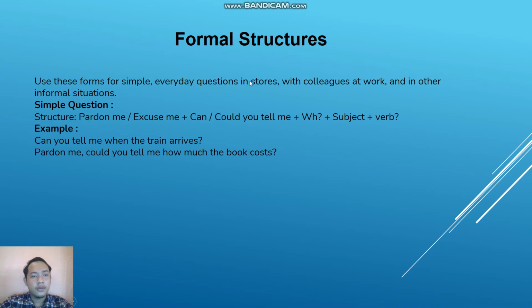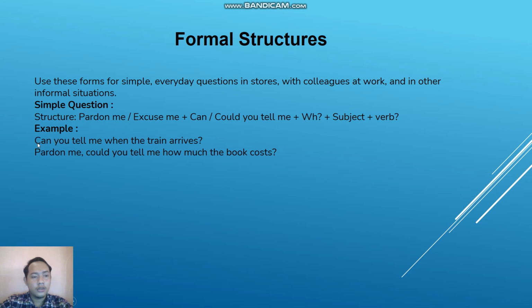And the second one is the formal structure. Use this form for simple everyday questions in stores, with colleagues at work, and in other formal situations. For example, a simple question: pardon me or excuse me, plus can or could you tell me, plus WH plus subject plus verb. As you can see from this structure, the question is preceded by asking for permission first.